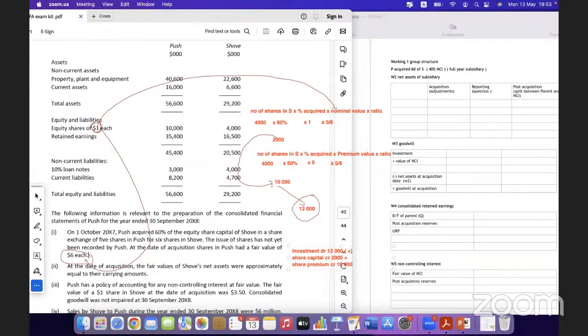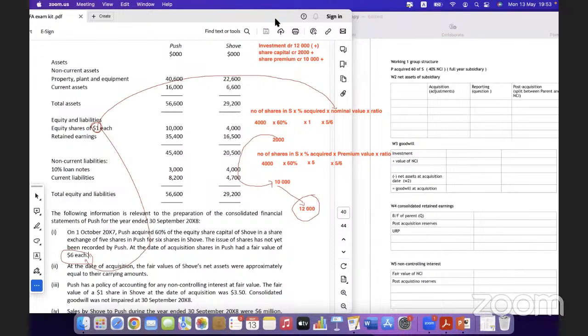Always remember, in accounting, the premium value should be marked inside the premium account. The minimum value should always be marked inside the share capital account. So this is how the double entry would work, since the share issue has not yet been recorded by Push. The parent omitted this. So if we are to pass the double entry, investment account debit, because you are buying a subsidiary, it's an investment. Because you are issuing shares, share capital and share premium will be credit.